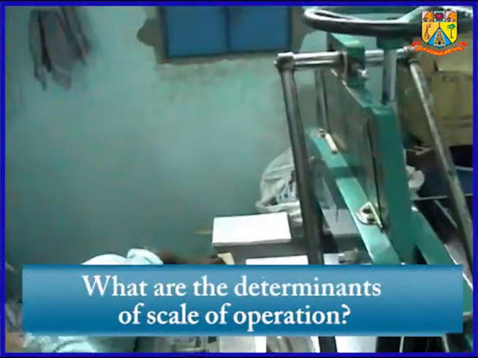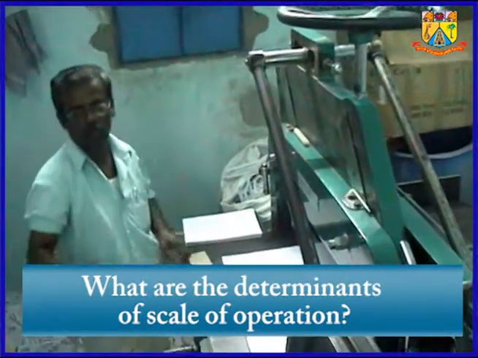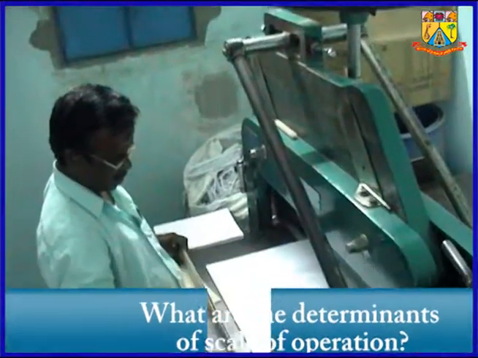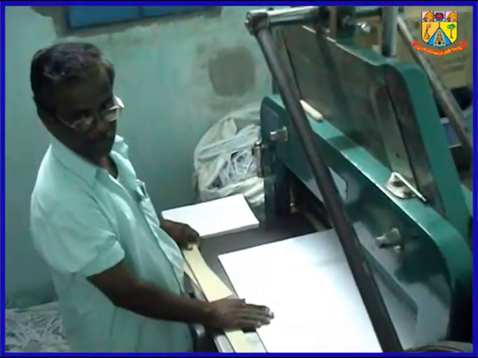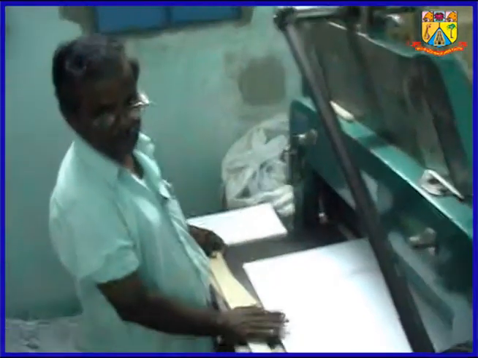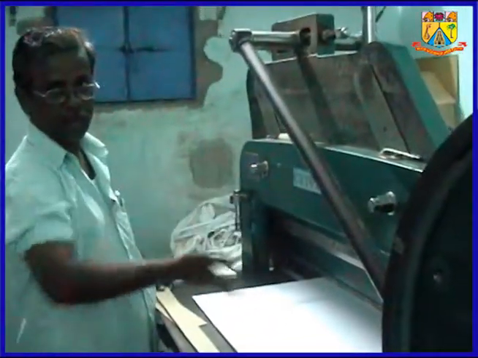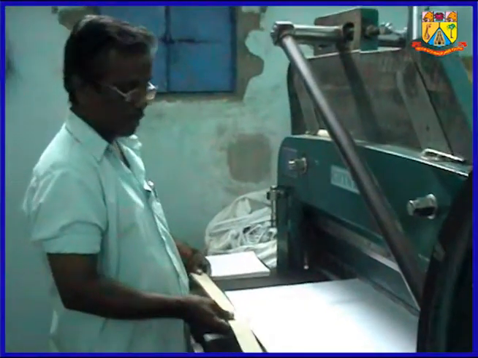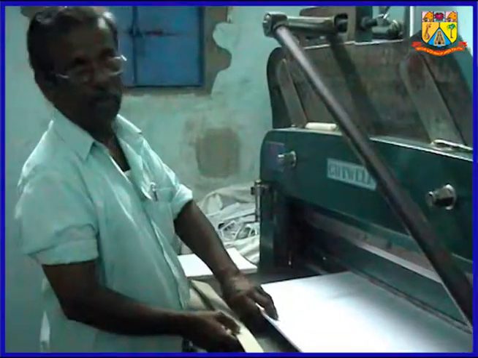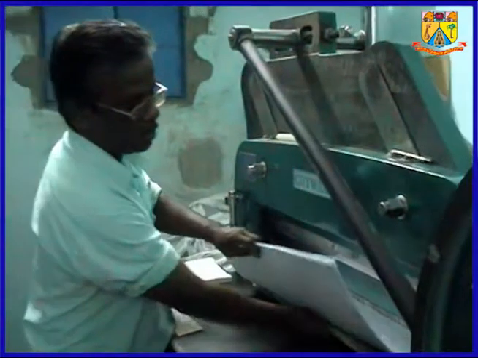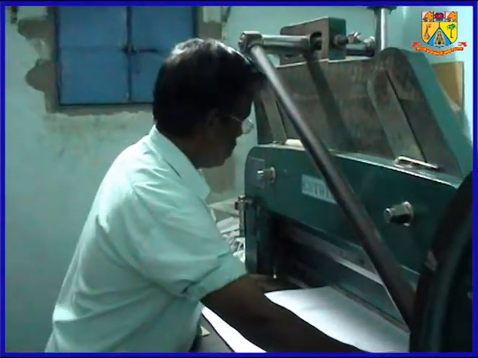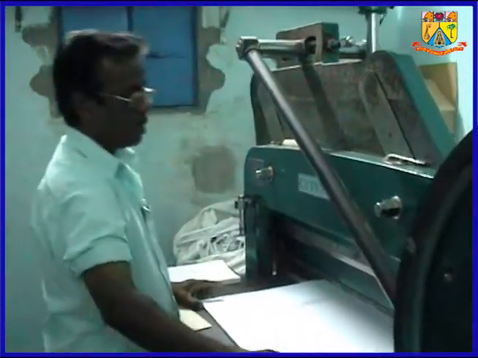What are the determinants of scale of operation? Scale of operation is defined in terms of the level of use of different inputs needed in the production process. In the long run, technology decides the firm's size, deciding the scale of operation and quality of the product.